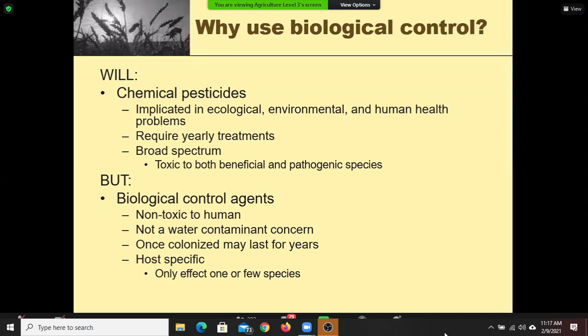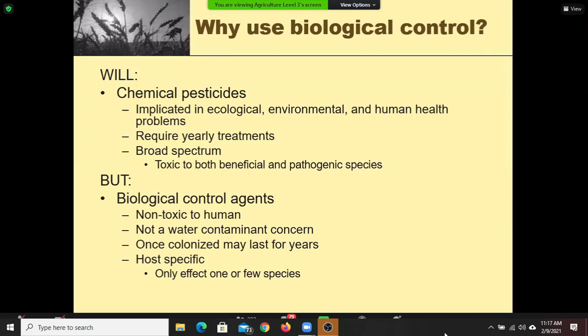And when we apply chemical pesticide this year, we also have to apply it the next year. But on the other hand, if we apply the biological control agent this year, we don't need to apply it in the next year. So once applied, the biological control agent will establish in the environment and survive in the environment years after years.